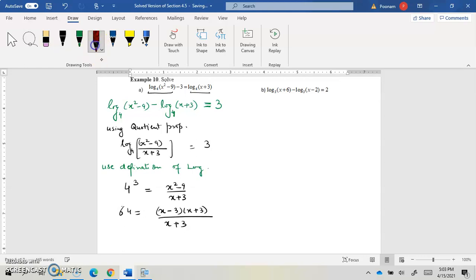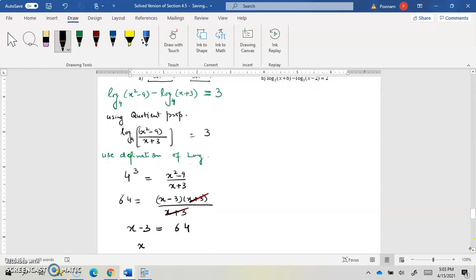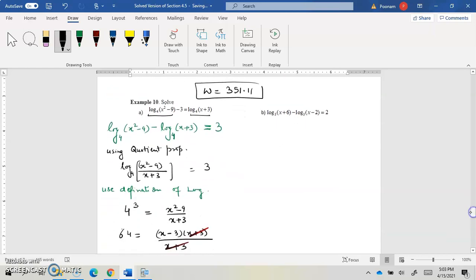And I don't want x to be equal to negative 3 because then the denominator becomes 0. So I can cancel that. So we have x minus 3 is equal to 64. And then from here x would be equal to 67. And you can always check the answer by plugging back into your equation.